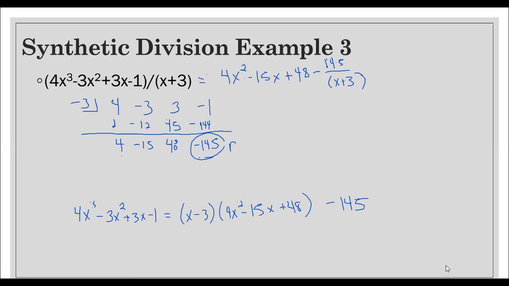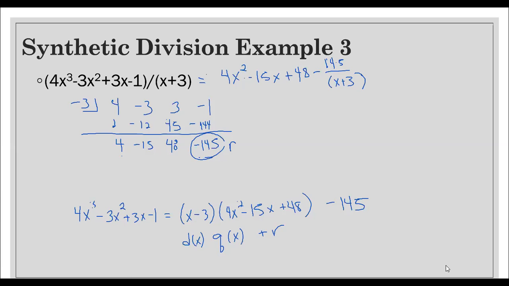Okay, so again, this is our divisor times our quotient plus our remainder. I put that there because it becomes important when we're looking at some of the rules. It makes the remainder value theorem and the factor theorem make a little bit more sense.